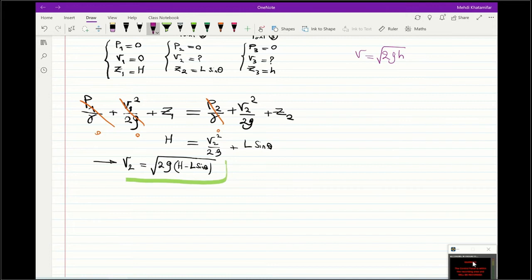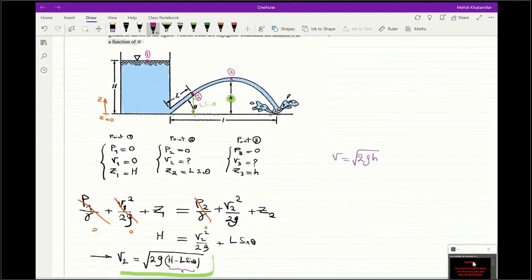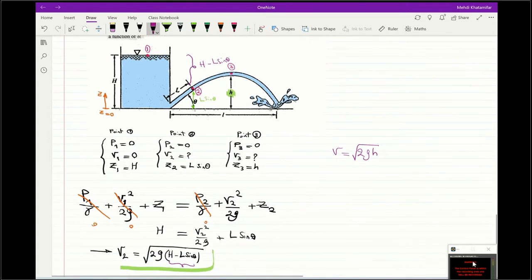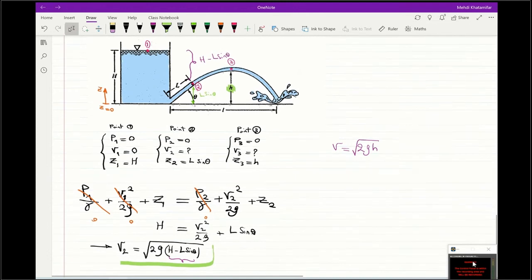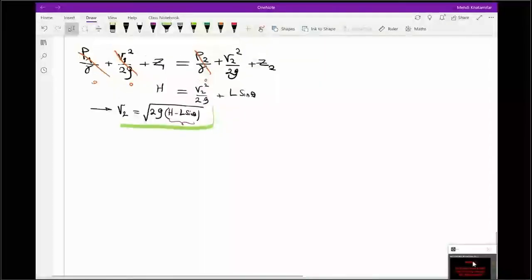Here, the height we have is h minus L sine of theta, which is exactly the formula we had for a jet. Okay, so we found V2.